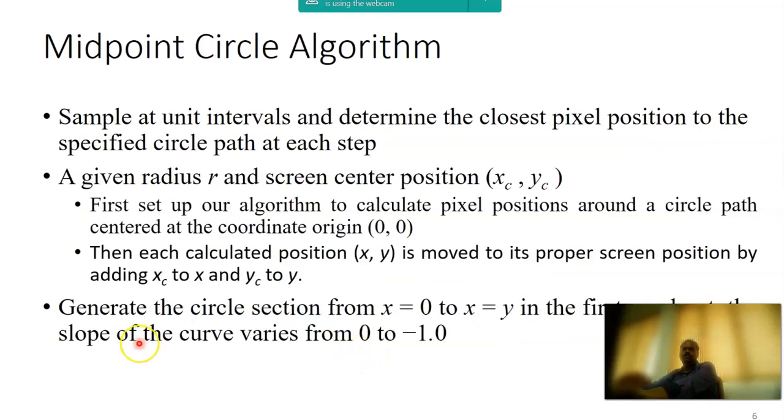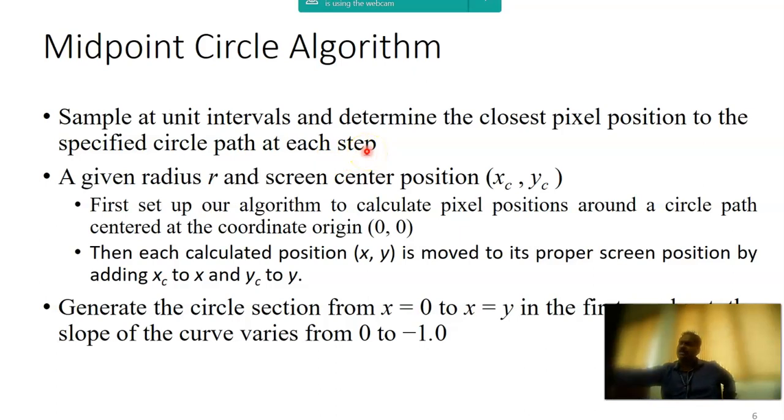By using this logic, they framed the midpoint circle algorithm. Now we'll move to the midpoint circle algorithm. These are the steps we have to follow. In the algorithm, sample at unit intervals and determine the closest pixel position to the specified circle path at each step.